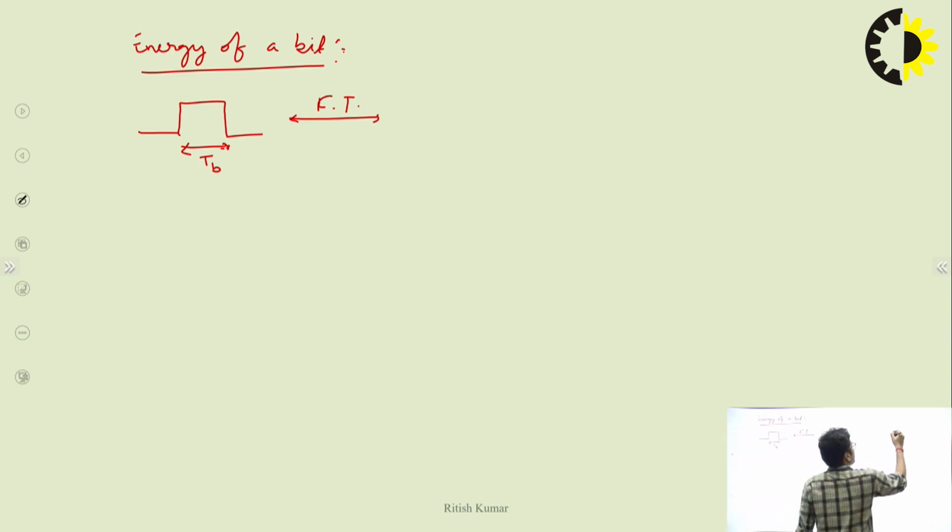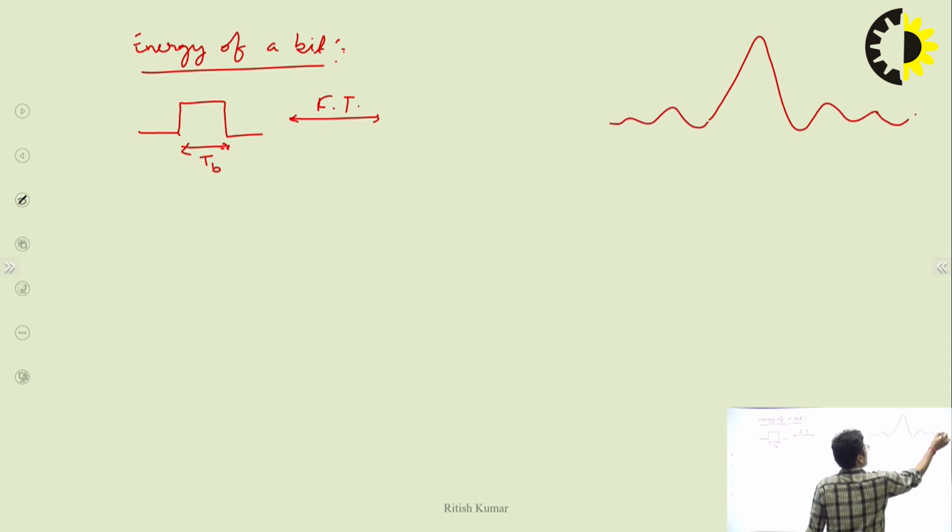So I presume that for transmitting one, this is a 1 bit duration. I can presume here this is TB, representing the bit duration of 1 bit. If I take the Fourier transform of this, we already know that the Fourier transform of a rectangular function will always be a sinc function, right?